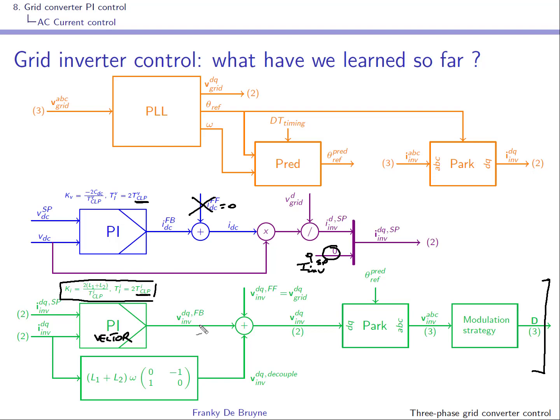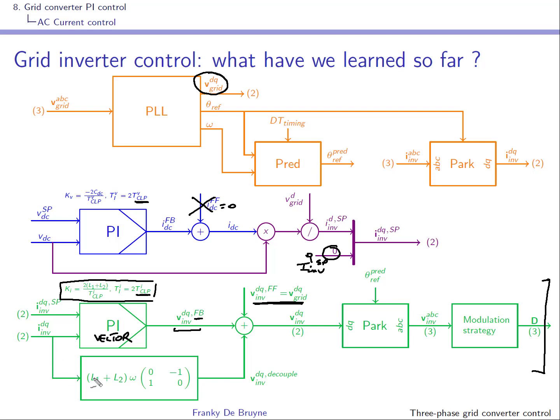This is the part of the inverter voltage that is set by feedback, and we had seen that there is also a part with feed forward. Here you need to take the perturbation, which is the grid voltage in DQ format, and add it over here, so that you use it for feed forward.